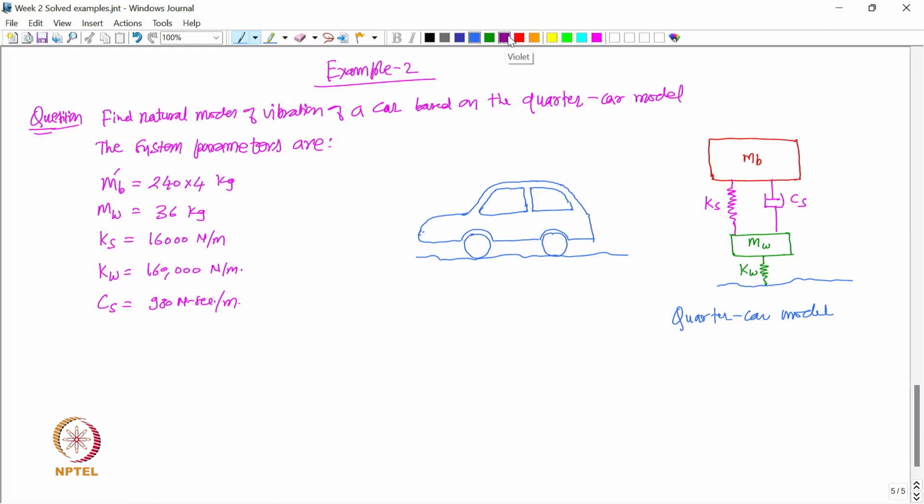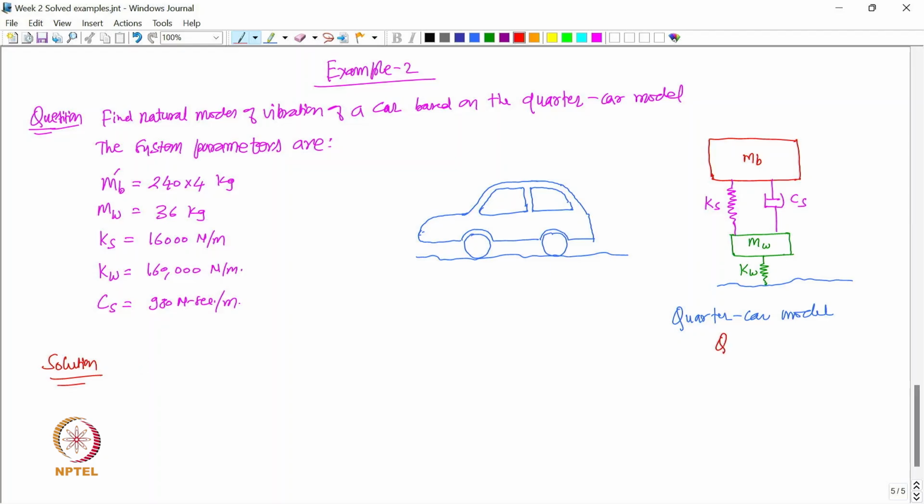So, let us solve this problem. This quarter car model generally is used for studying the ride comfort analysis.